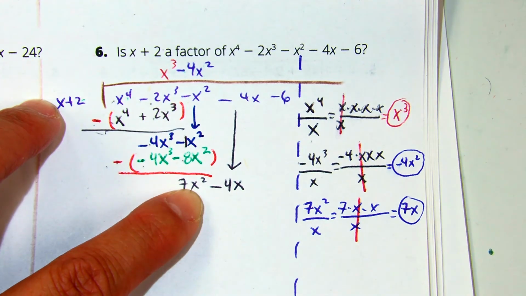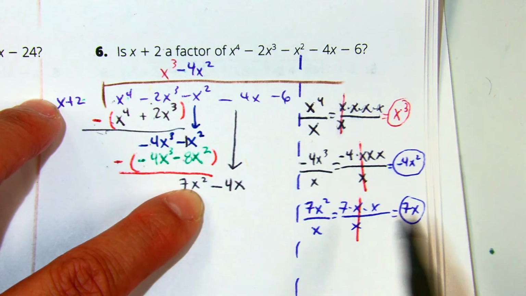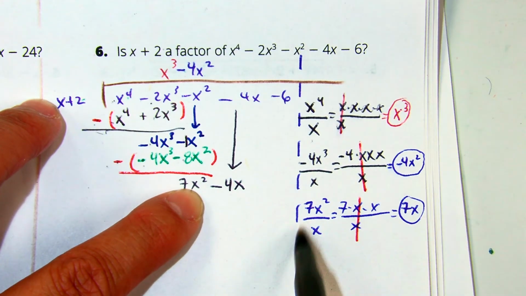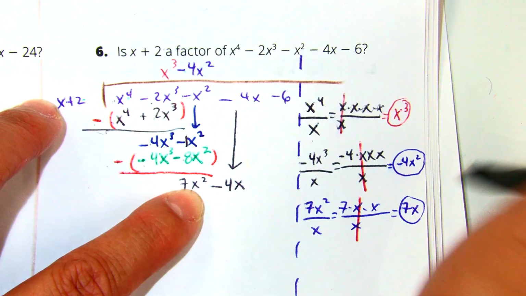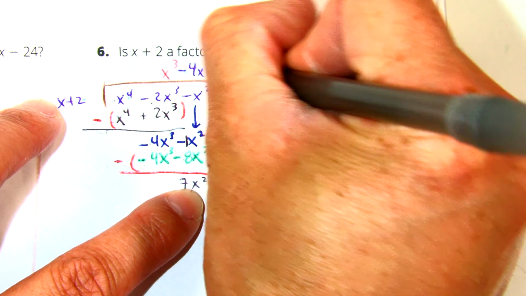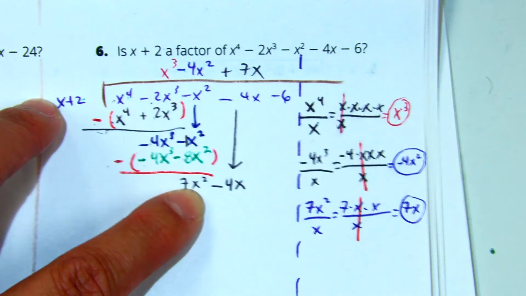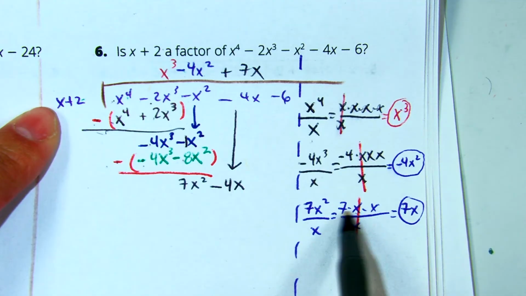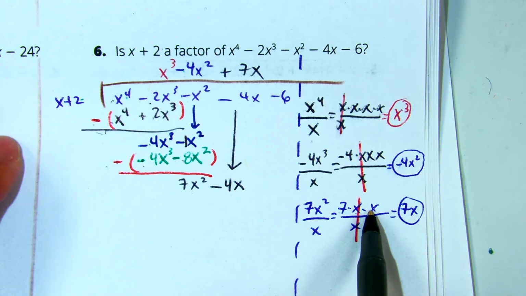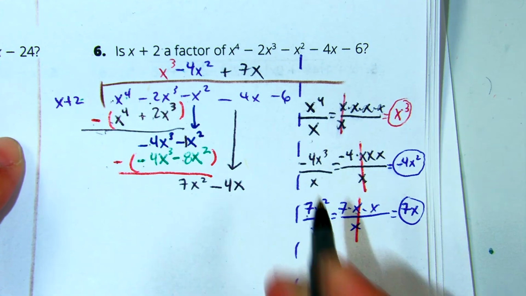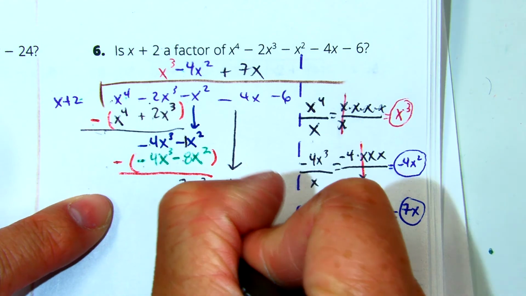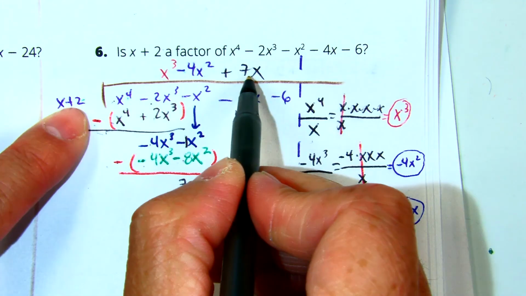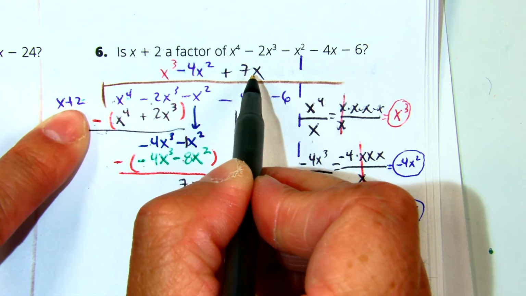Now, here's a hint. This, what we did over here, can help you when you multiply. Think about it. This is a positive. How does that help us? What's 7x times x? 7x squared. And 7x times 2. 14x.